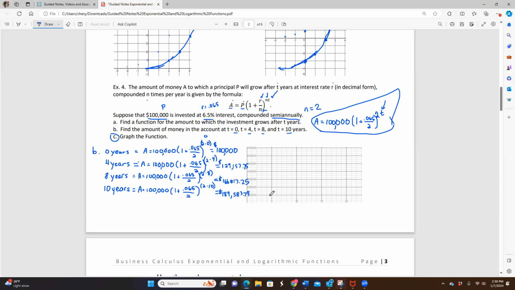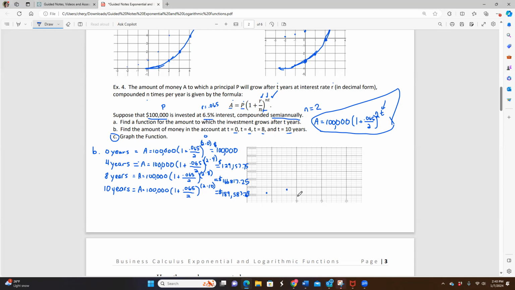Now, this should be an exponential function, so it should be a curve that looks like this. At 0 years, we're at 100,000. At 4 years, we're at 129,000. It's going to be right about here. At 8 years, we're at 166,000, so 8 years would be here, and 166 would be right in here.